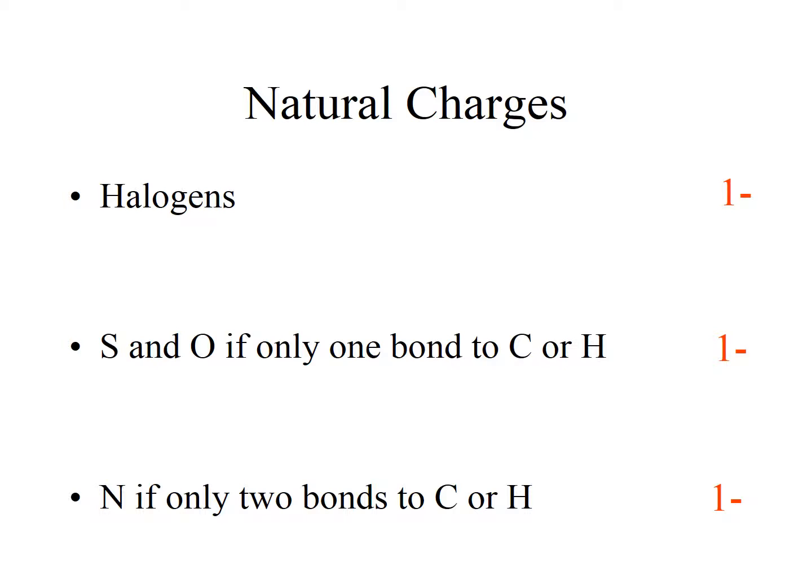Sulfur and oxygen we will often see with only one bond to carbon or hydrogen, and then they have a -1 charge if they're an ion. If nitrogen has only two bonds, it will have two non-bonding pairs and a -1 charge. Sulfur and oxygen, if they have only one bond, will have three non-bonding pairs and a -1 charge.